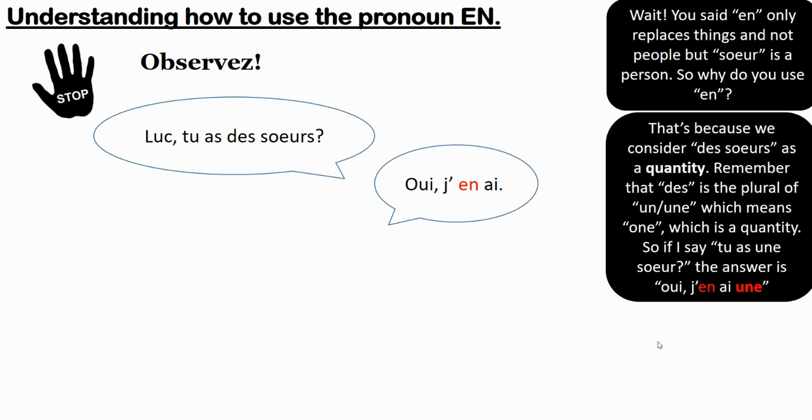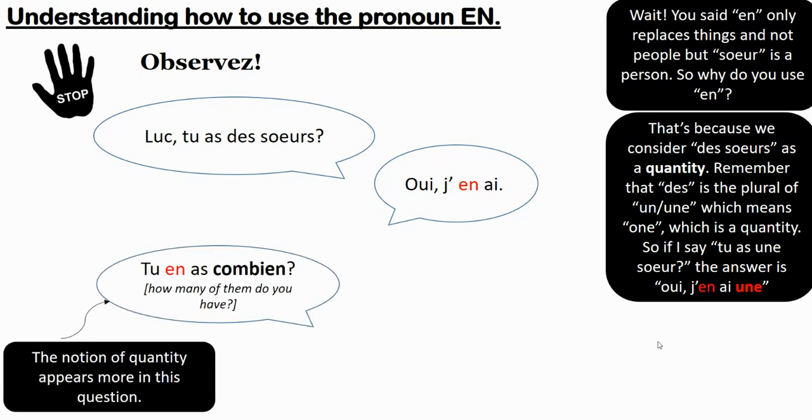So if I say tu as une sœur, do you have a sister or one sister? You're going to answer it by using en. Oui, j'en ai une. Yes, I have one. That's why here we use en, even if sœur is a person.